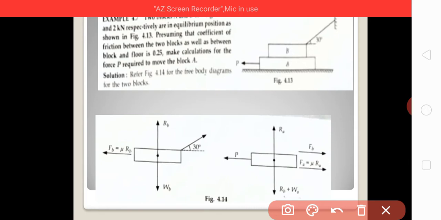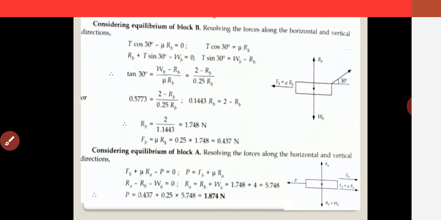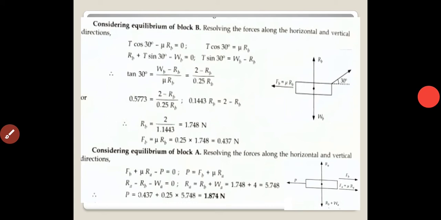Here RB for block B will be equal to WB minus the tension in the rope, T sin 30. On the next slide, we have given the solution here.